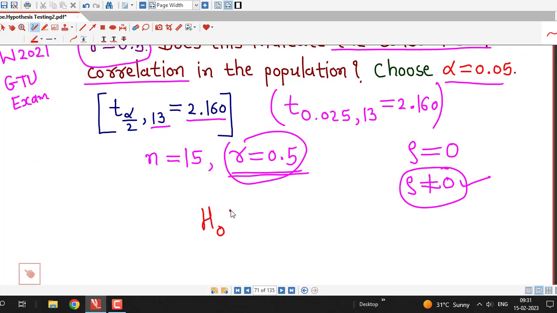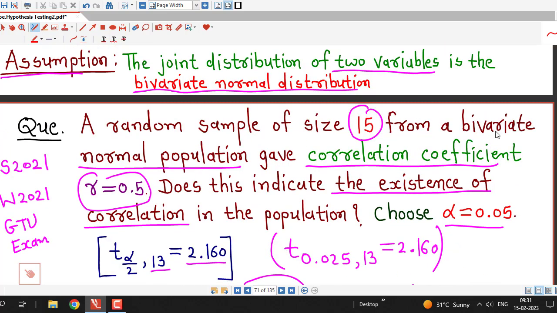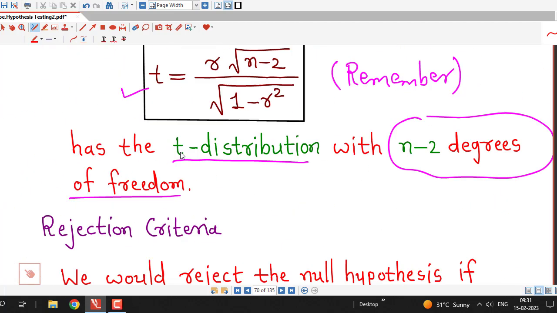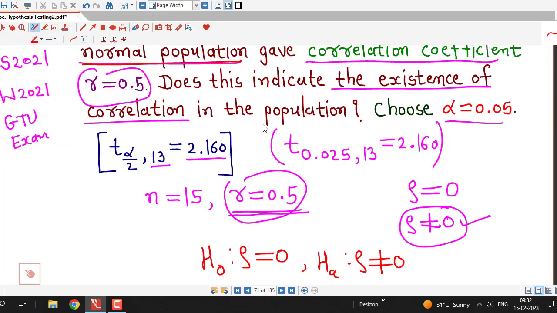So we start by considering the null hypothesis. The null hypothesis is always that the population correlation coefficient is 0. The alternative hypothesis is the opposite of this, rho is non-zero. The level of significance given is 0.05, and it is given in the question that they are considering a sample from a bivariate normal population. Because this population is normal, we can apply this formula for the test statistic: t equal to r times square root of n minus 2 over 1 minus r square.